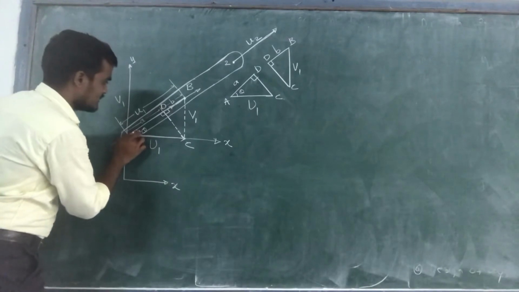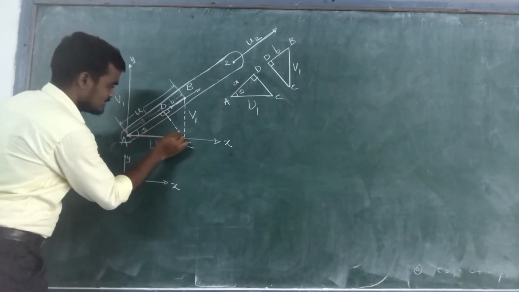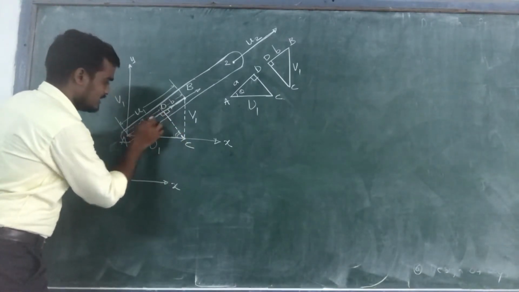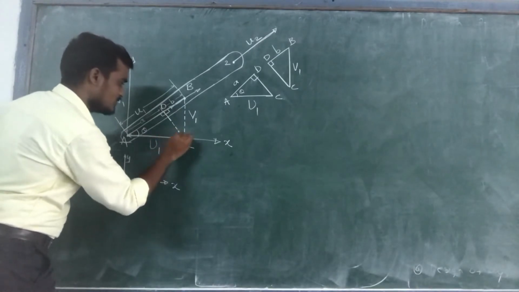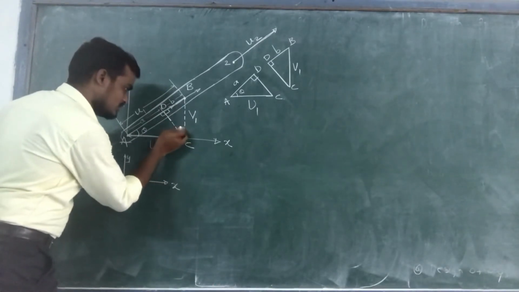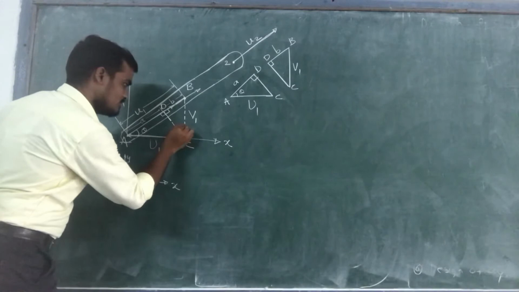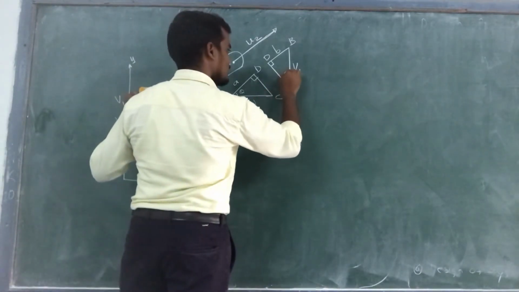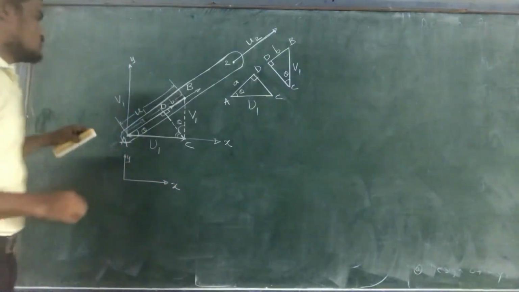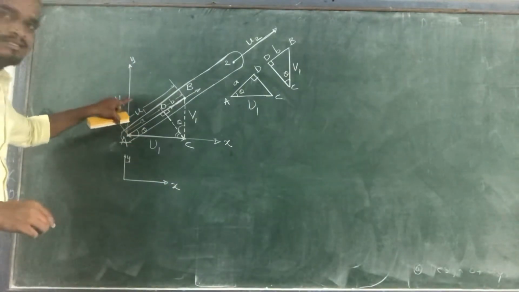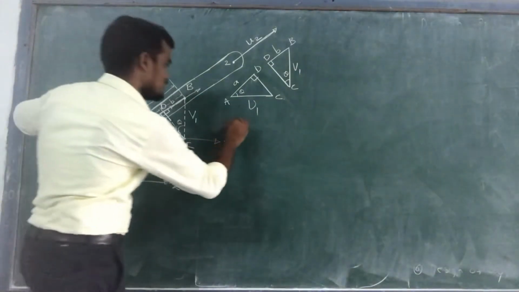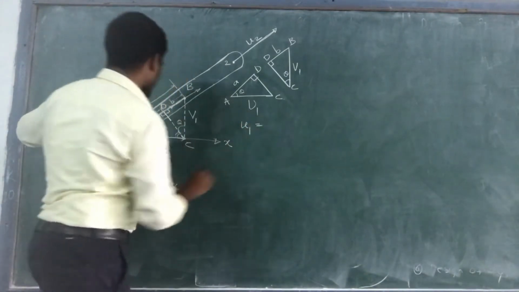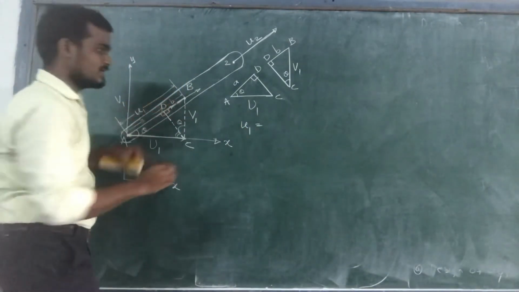If this is theta and this is 90 degree, this angle should be equal to 90 minus theta, so the other angle will become theta.